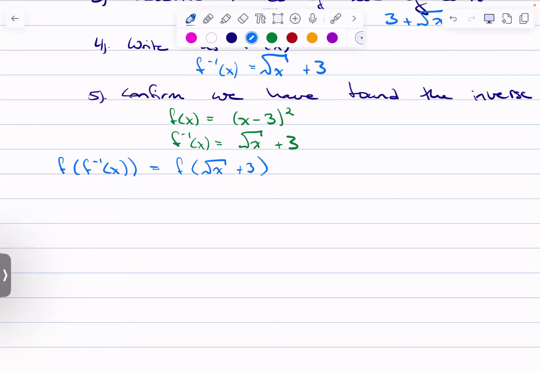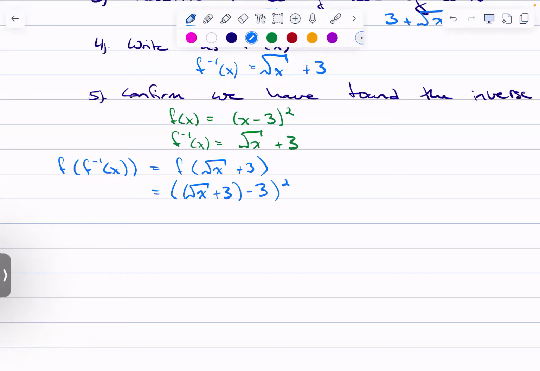Notice that I don't try to jump right into stuffing it in, right? I like to have kind of a stopping point where I replace the inverse with what the inverse actually is. And then I go to the next step. Because now, as long as I treat root x plus 3 as one thing, then I get root x plus 3 is one thing, then minus 3, and then squared.